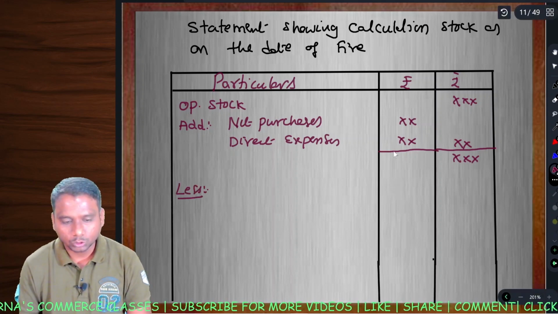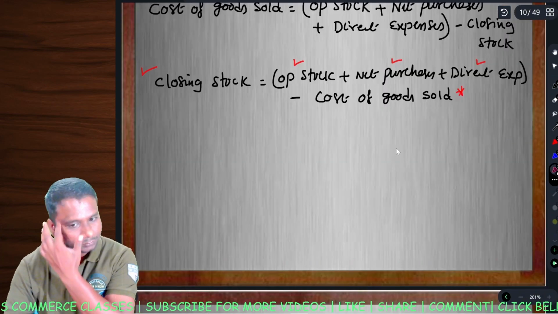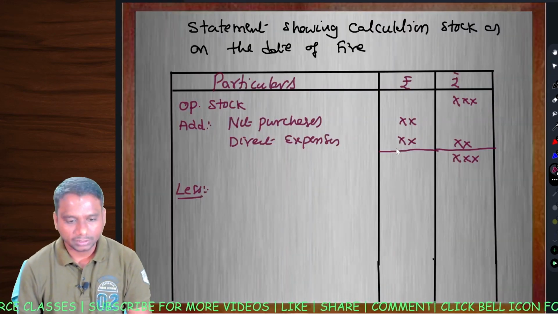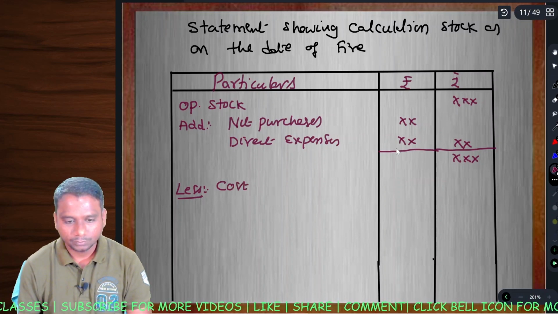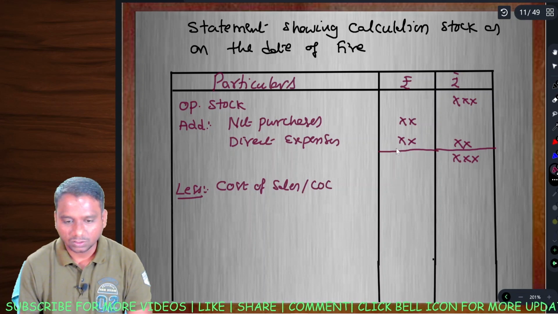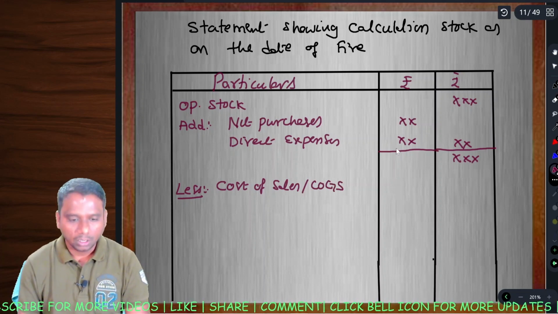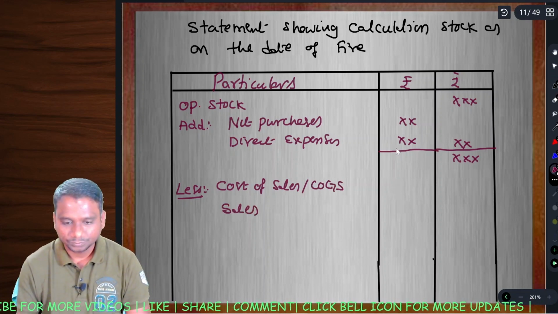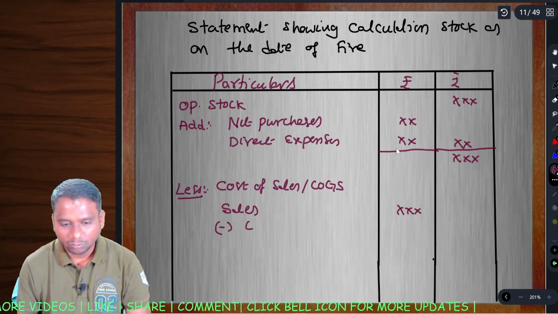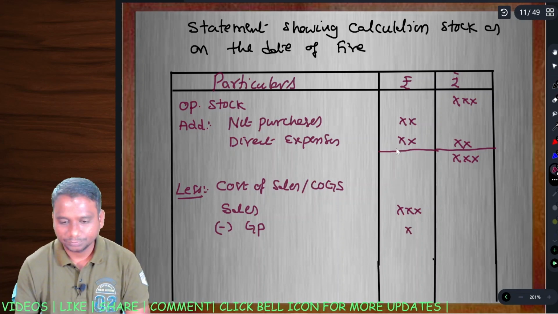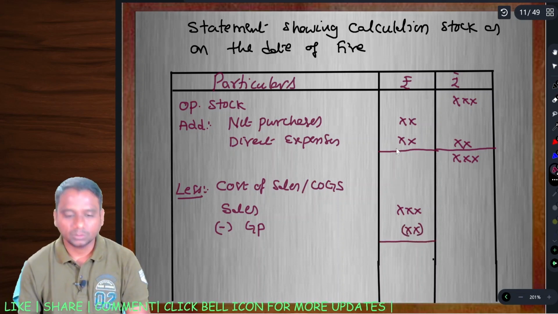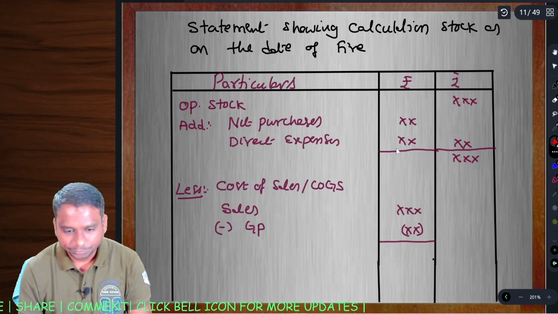Cost of goods sold. See the formula? Cost of goods sold. So how is cost of goods sold calculated? Cost of sales, we may call it cost of sales or cost of goods sold. How do you calculate it? Sales minus gross profit. How do you calculate gross profit?